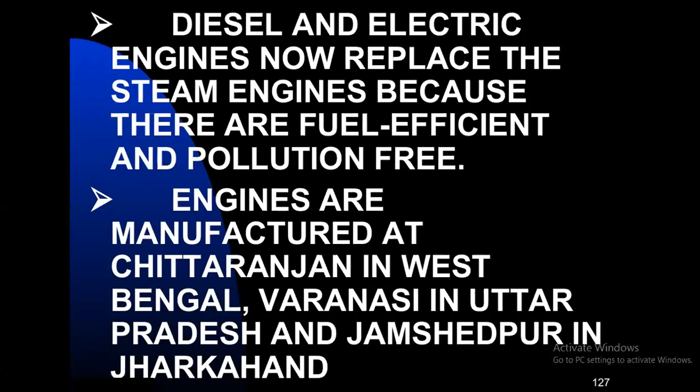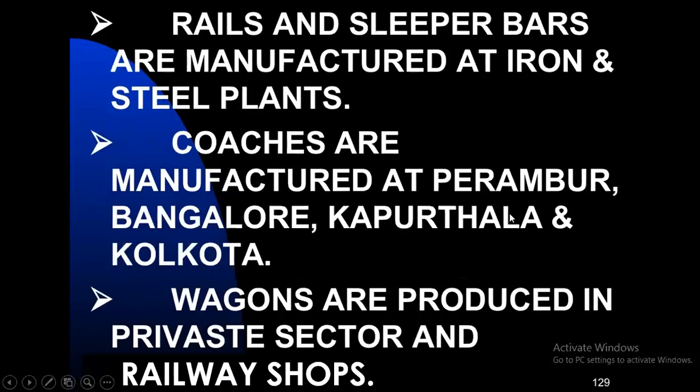As we know, diesel and electric engines are pollution free and also fuel efficient, so we mostly go for them. Engines are manufactured at Chittaranjan in West Bengal, Varanasi in UP, and Jamshedpur in Jharkhand. These are the places where the railway engines are manufactured.